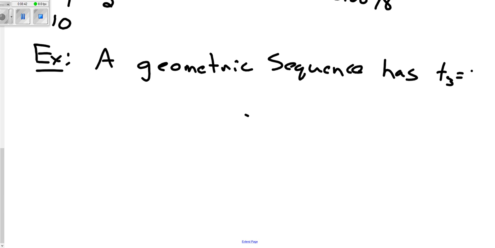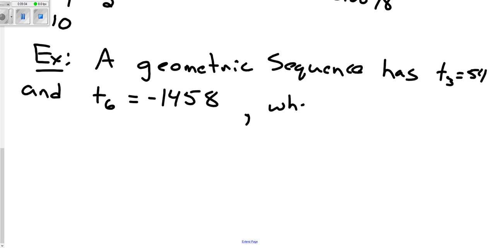T3 equal to 54. And T6 equal to negative 1,458. What is T1 and R?